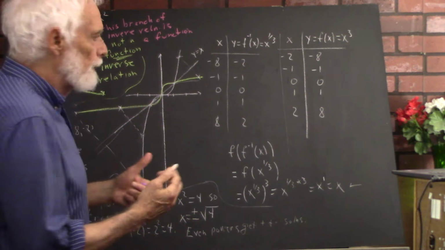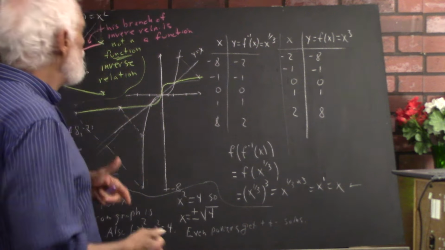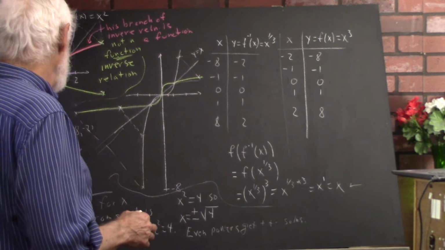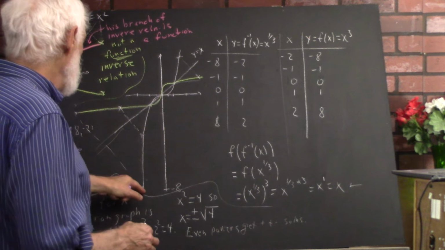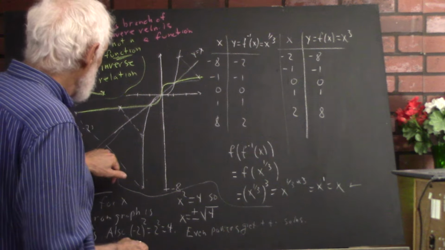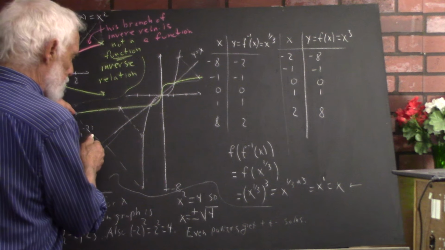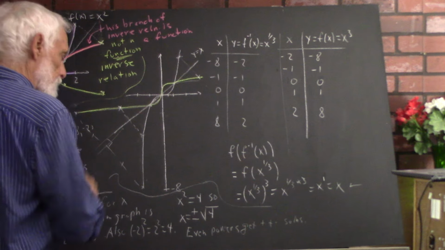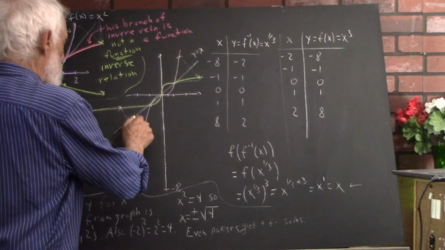If the graph is drawn with equal scales, which is more or less but not quite true, and these projections are made perpendicular to the y equals x line, this distance is the same as this distance. This is perpendicular. This distance is the same as this distance. Same here, perpendicular.